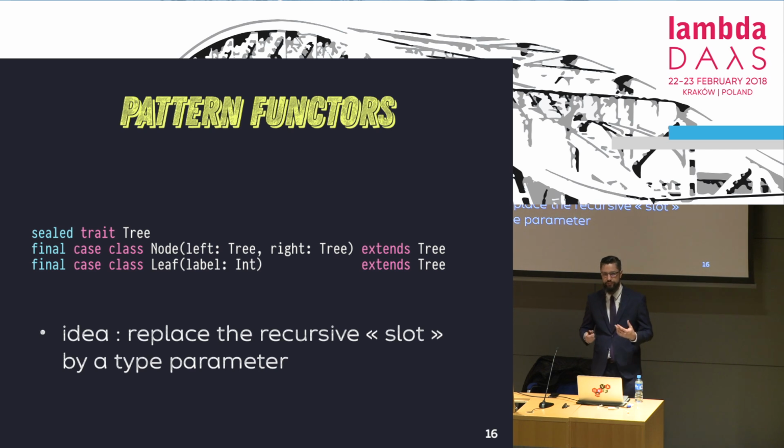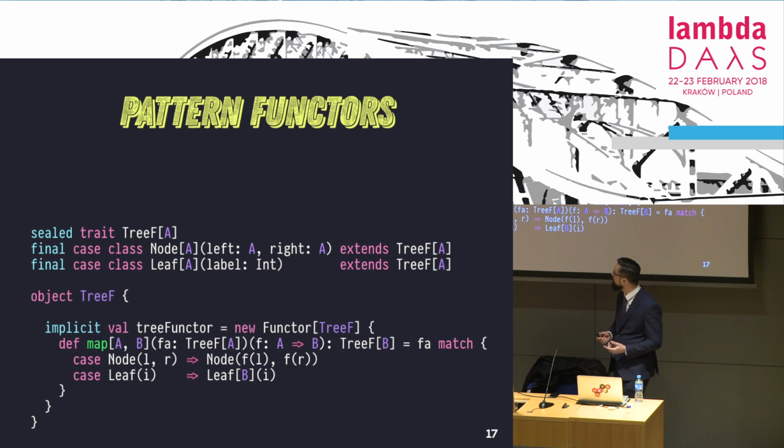So the first thing we have to do is to change that type to replace each recursive occurrence with a type parameter, like so. We also often add an F to the name of the type, so that we remember it's a functor. And so we have a Node where each Tree has been replaced by an A.